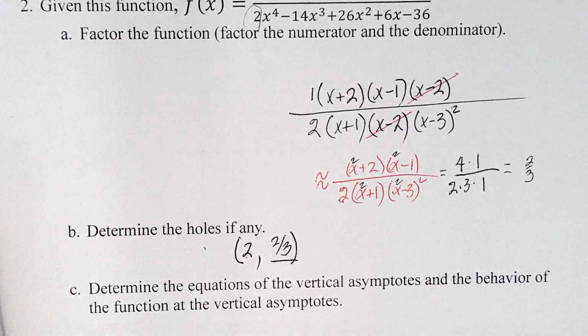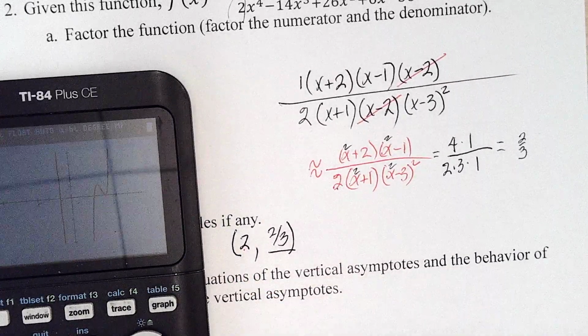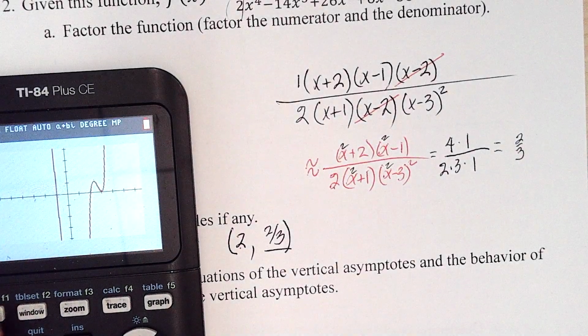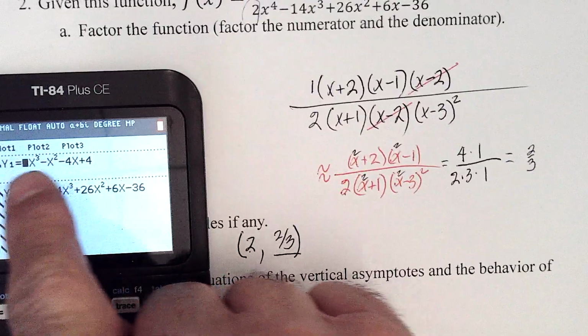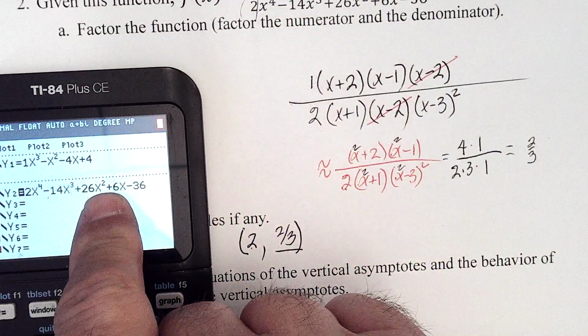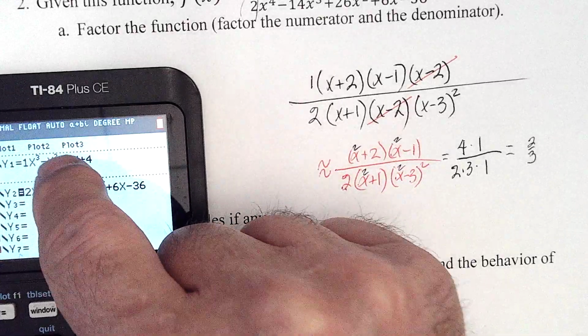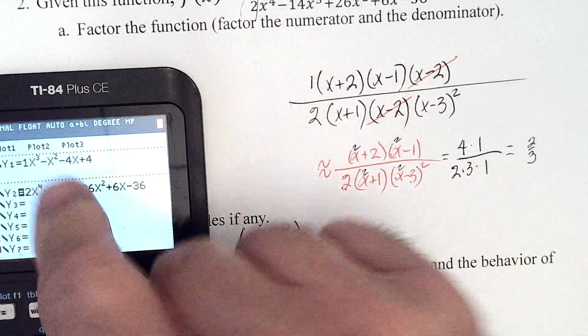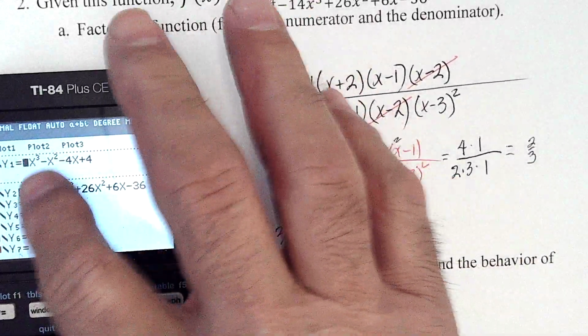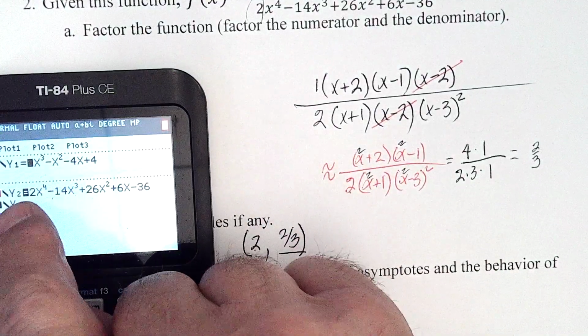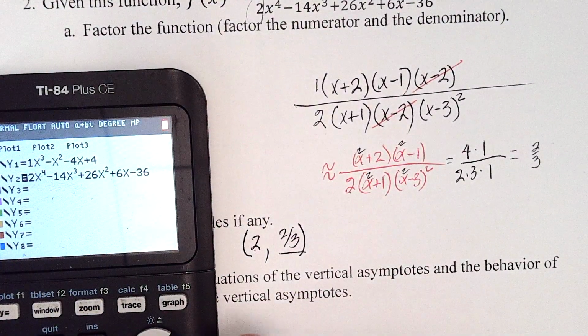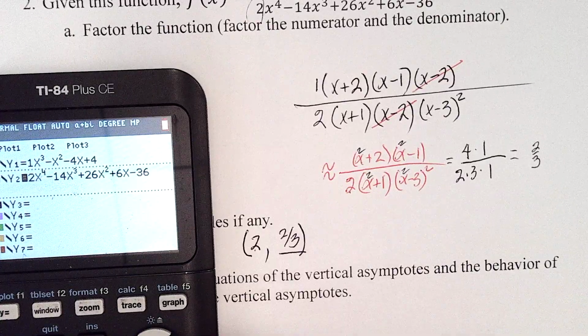Let's check that. So I'm going to go back to my calculator. And you can do this on Desmos too. If you type in f of x equals this and g of x equals this, then you can write f of x divided by g of x in a separate line and you get a graph. Here it's called y1 and y2. So in y3, I'm going to turn off this one.